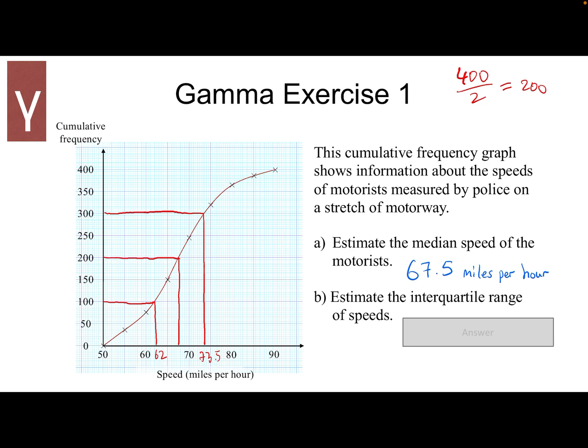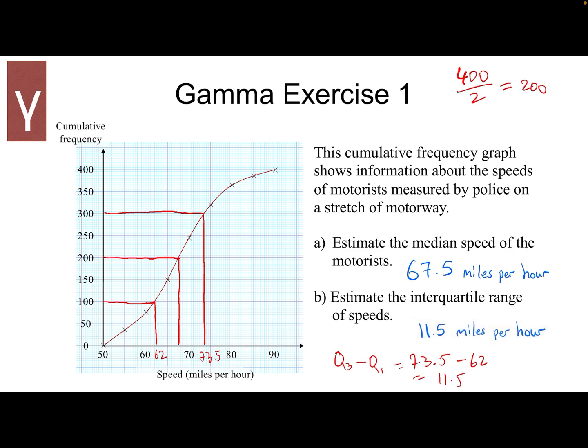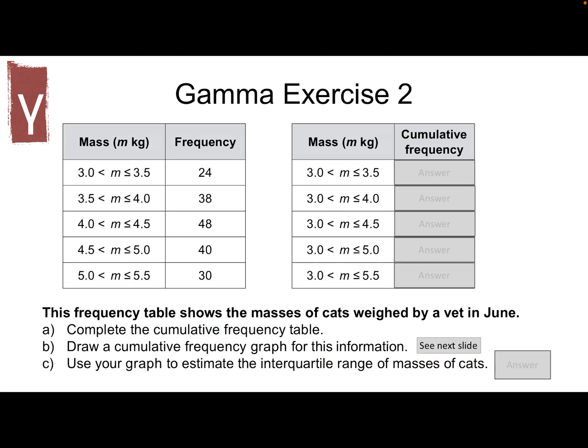So I'm thinking Q3 minus Q1 equals 73.5 minus 62. I'm going for 11.5 as my interquartile range. Let's have a look. Wow, I was bang on. I didn't have to be bang on. If I'd said anything between 11 and 12 or maybe even 10 and 13, I would have got the right answer. Okay? So you get a range for that. You don't have to be perfect. Depends on how accurately you draw. Okay? So here we go.